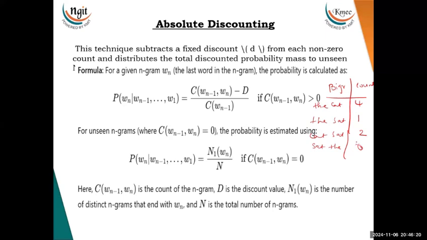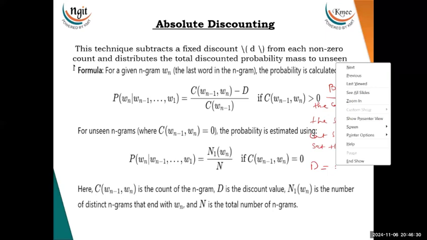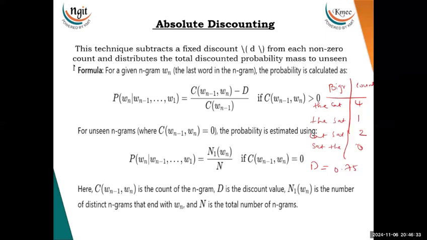Typically, the only thing we have to assume is the D value. What is D? D is the discount value. Let's say it is 0.75. Just let us assume, then you will come to know how this formula works and how this discounted value is used. For example, the count of the context of C of D, let us take, is 5.